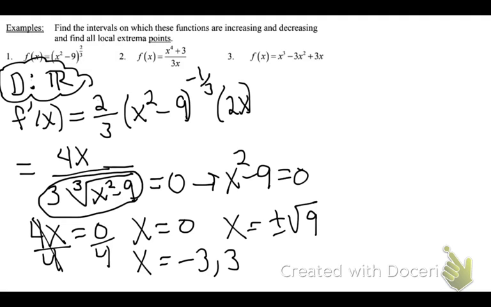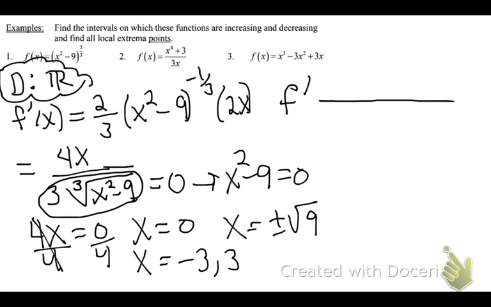And we are going to create a number line using the critical numbers and the domain restrictions from our derivative. This is for f prime of x.